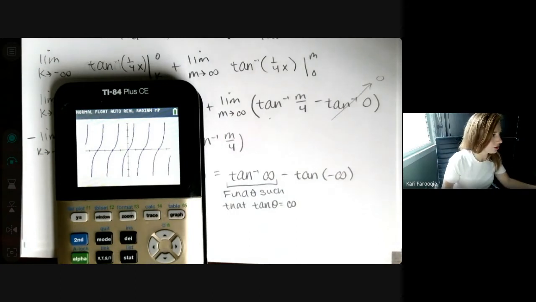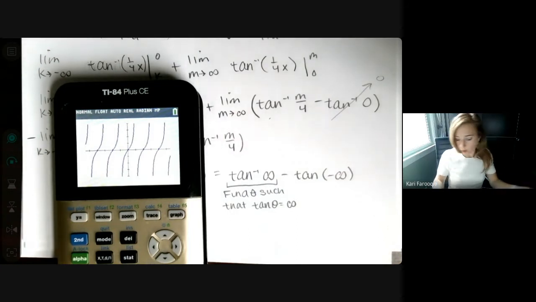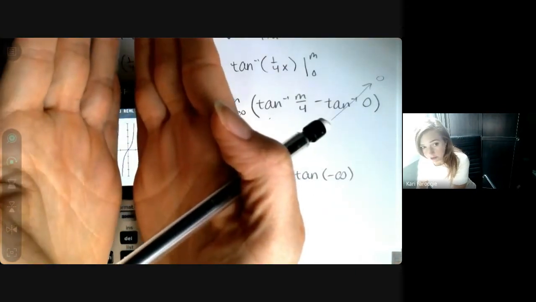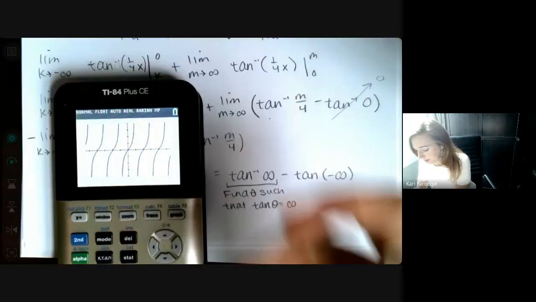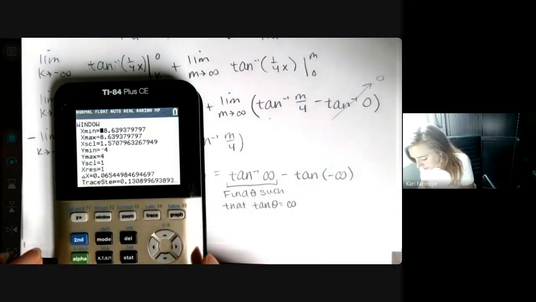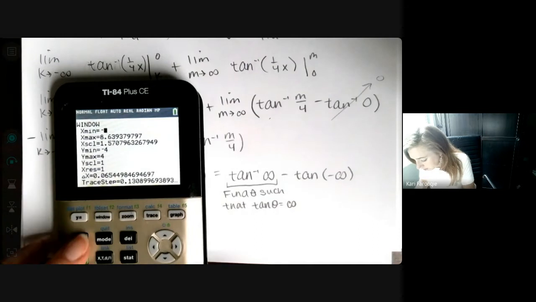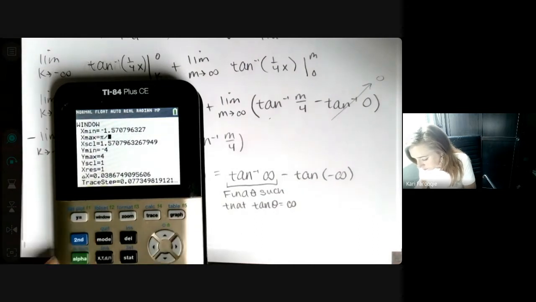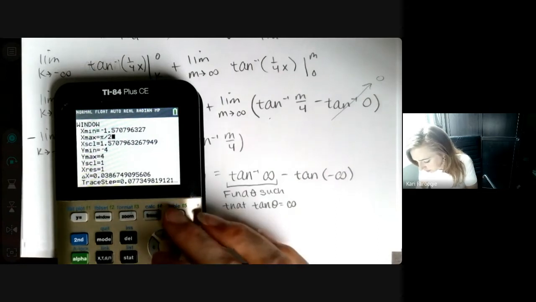But when you're looking at the inverse function, you're only talking about this small segment of the graph. I'm going to window this out for you: an x min of negative pi over 2 and an x max of pi over 2. So that'll be the domain for your inverse tangent function.